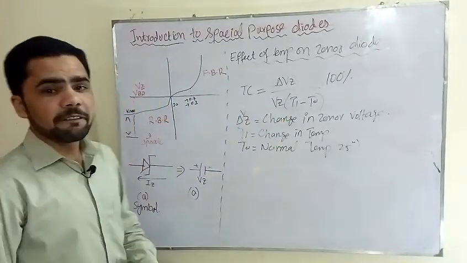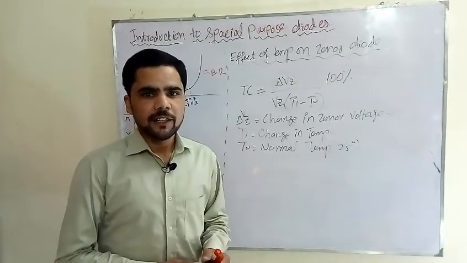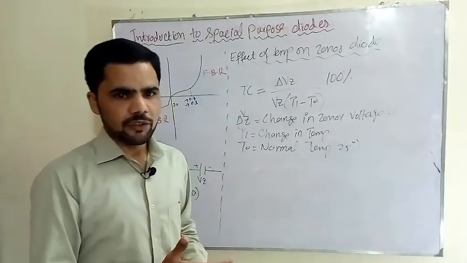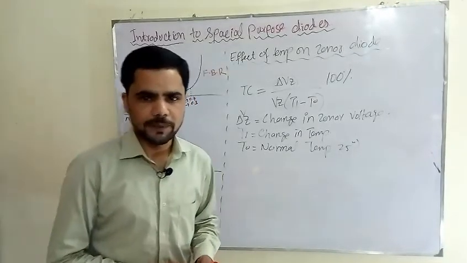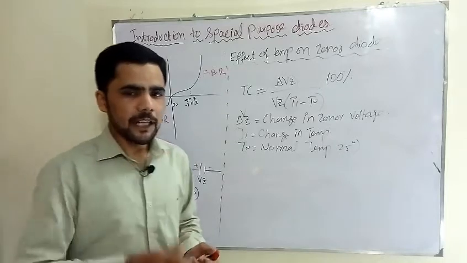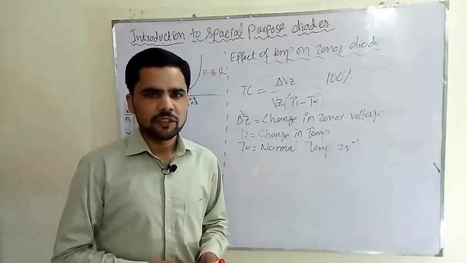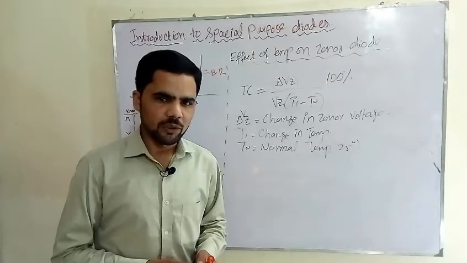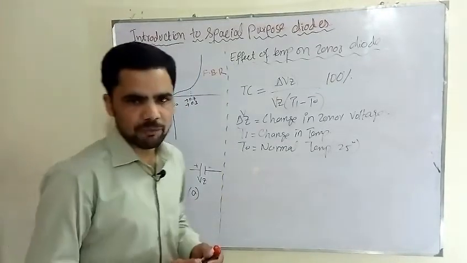We can also classify the diodes on the basis of temperature dependency. For example, diodes which have Zener voltage up to 6 volts can have a negative temperature coefficient.